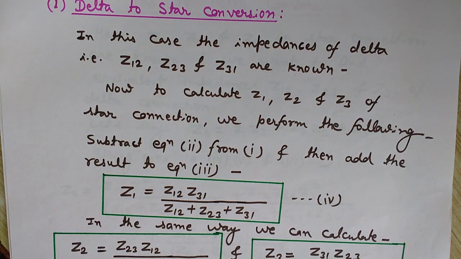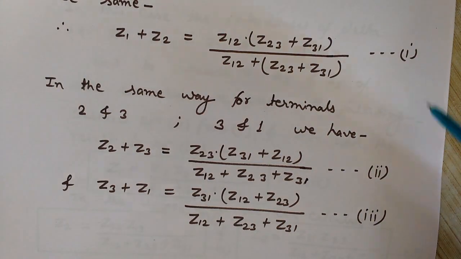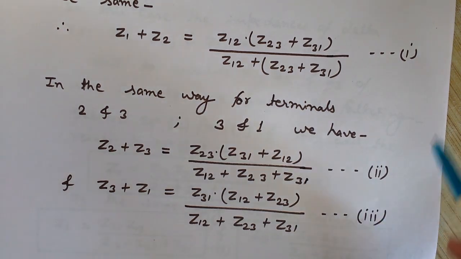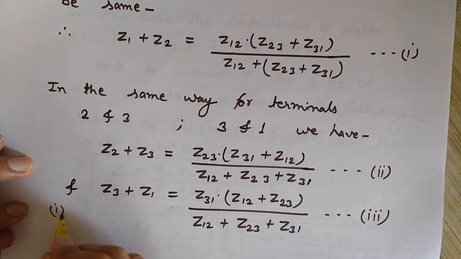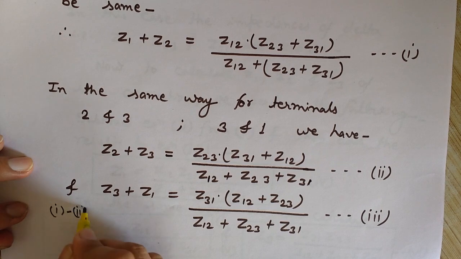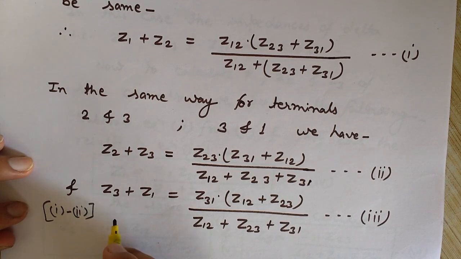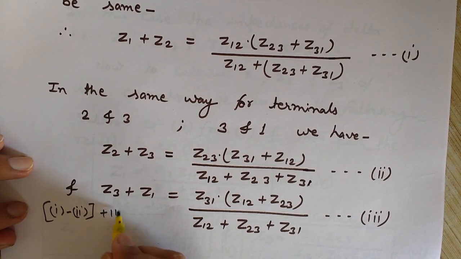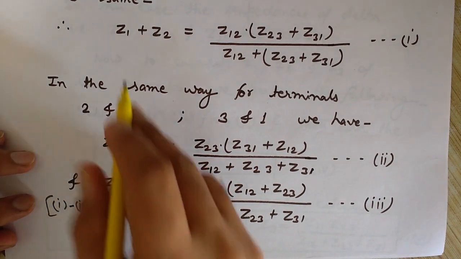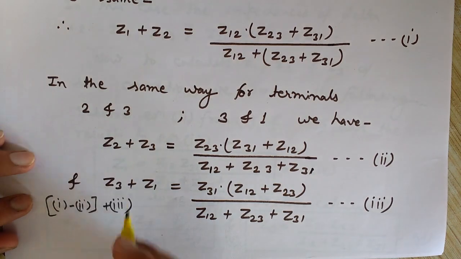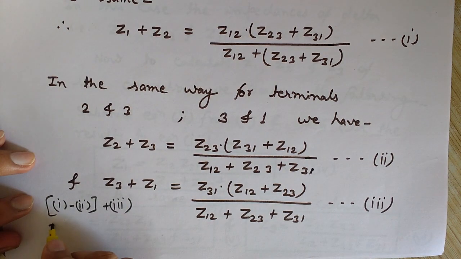Here we have three equations, 1, 2 and 3, and we are going to perform 1 minus 2 plus 3. We do equation 1 minus equation 2, and add equation number 3 to it. Only for the left side, I am showing how we can get Z1.